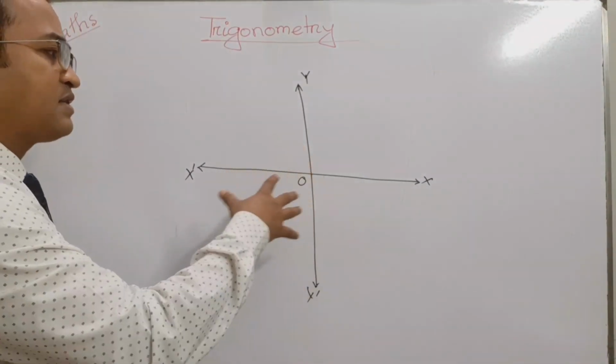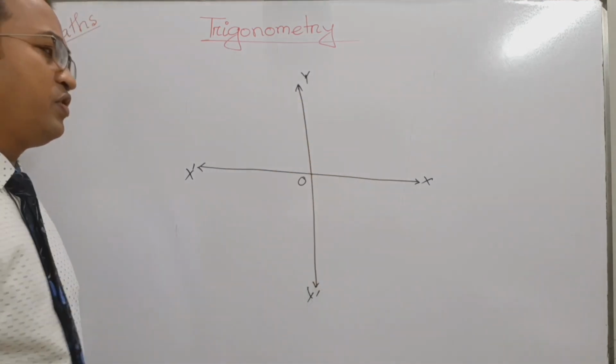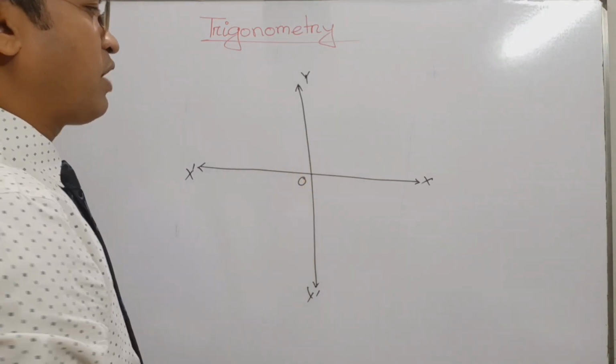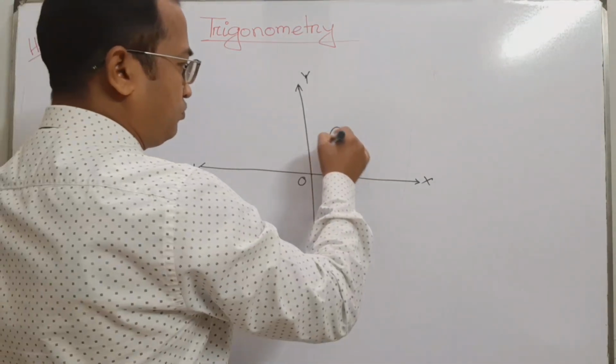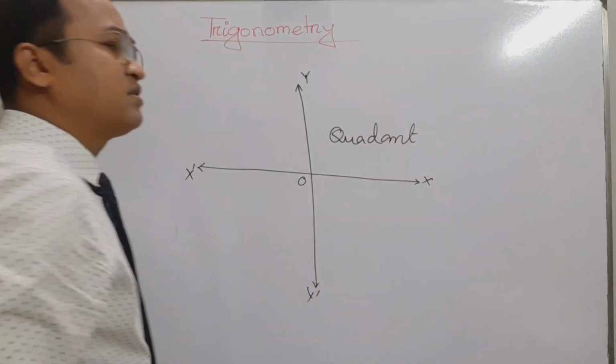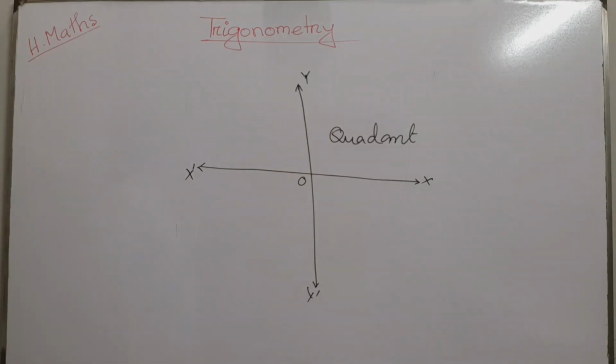Look, here the plane surface is divided into four pieces by these two straight lines, and each piece is called a quadrant. Each quadrant is 90 degrees.